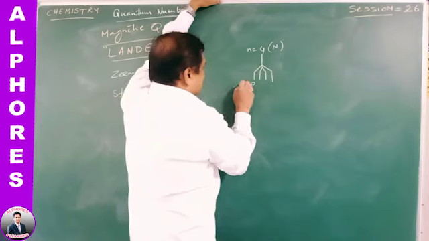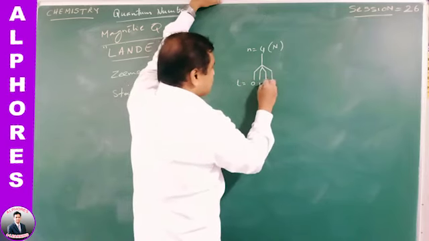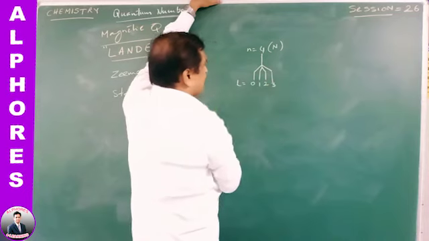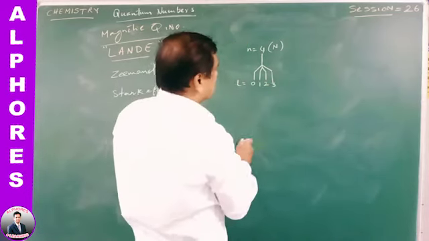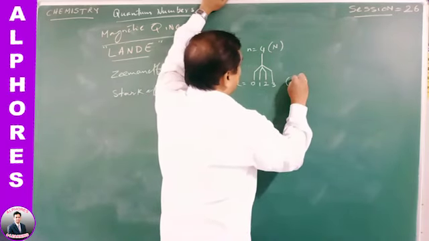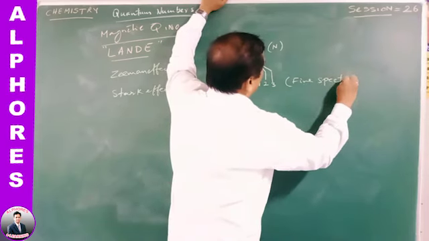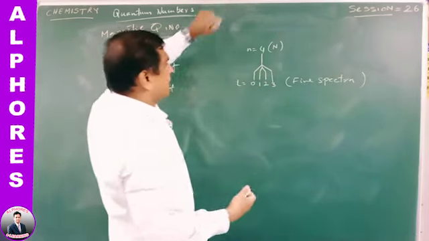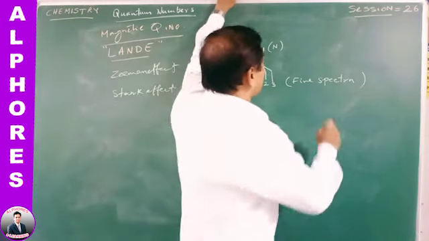L values. L equals 0, L equals 1, L equals 2, L equals 3. This is the principal quantum number. This is the azimuthal quantum number. This data is nothing but fine spectra. The azimuthal quantum number values represent fine spectra.